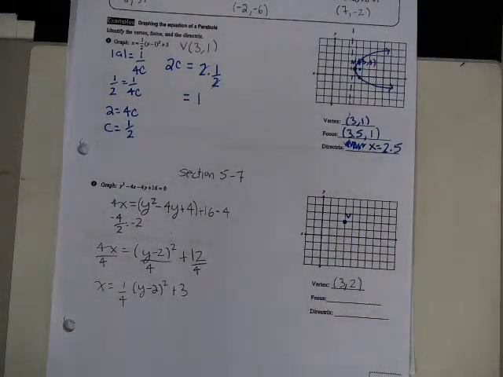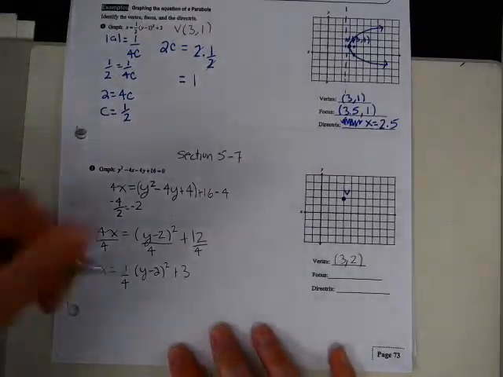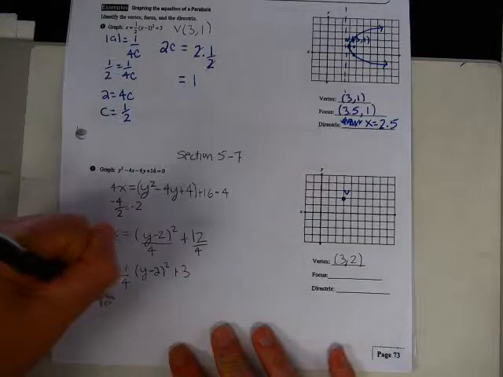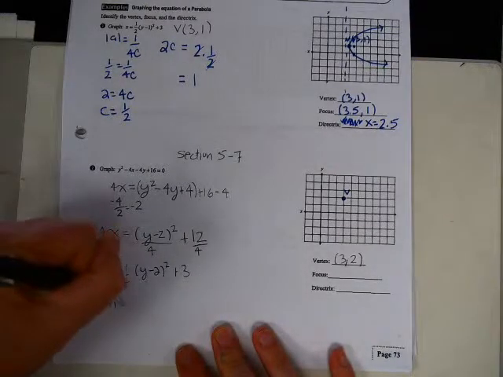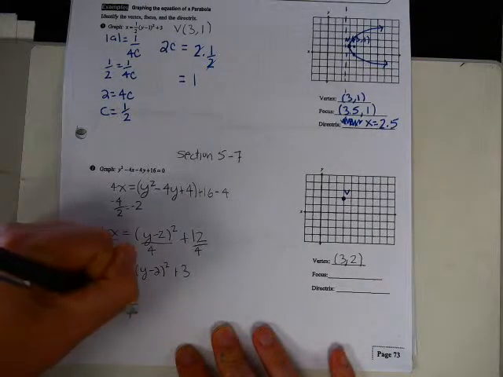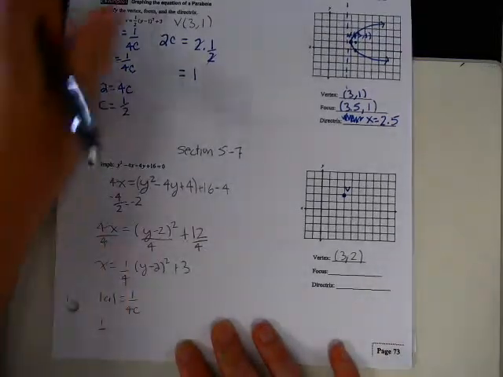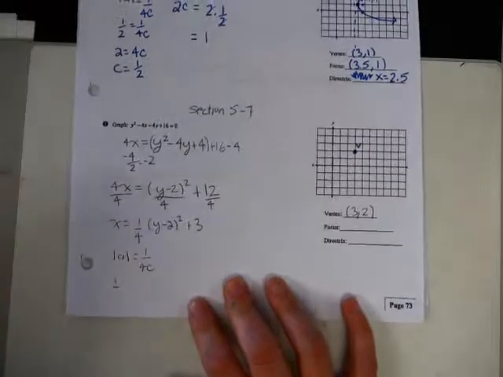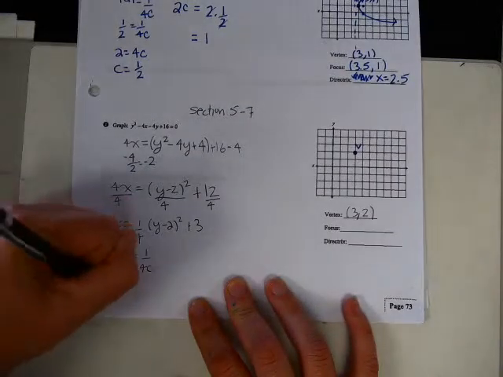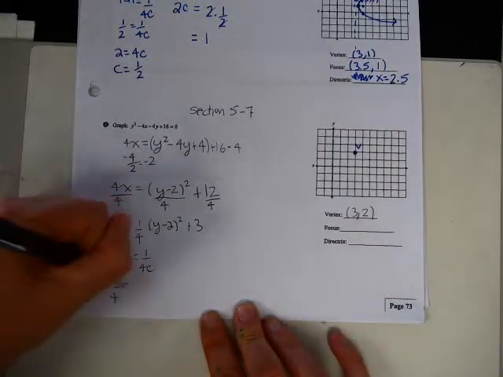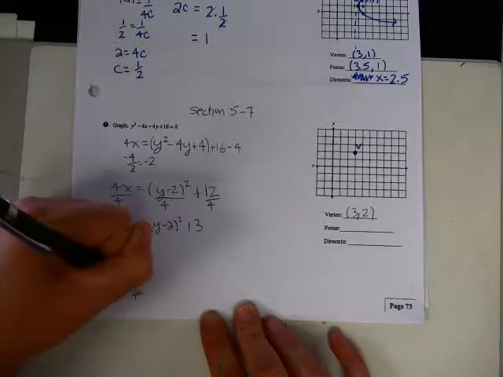So I need to find my focus and directrix. The absolute value of a equals 1/4c. My a is 1/4. One fourth equals 1/4c.